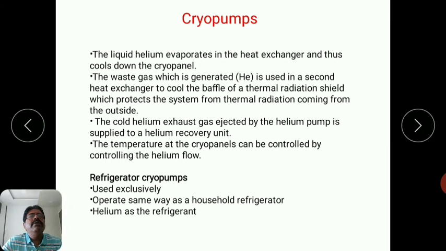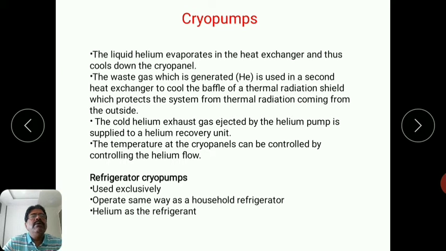The liquid helium evaporates in the heat exchanger and thus cools down this surface, the cryo panel, and the rest of the waste gas is used in a second heat exchanger to cool the baffle of a thermal radiation shield. External thermal radiation enters and affects the cooling process, so the radiation shield is important here, and the baffle cooled with this waste helium gas acts as a thermal radiation shield.